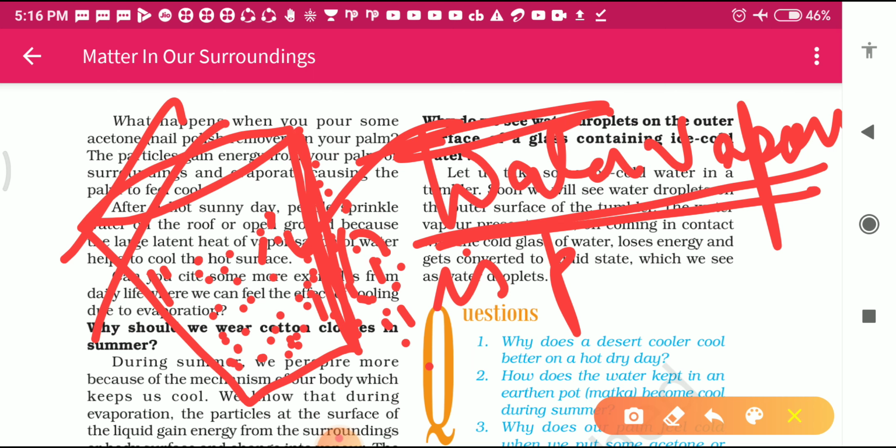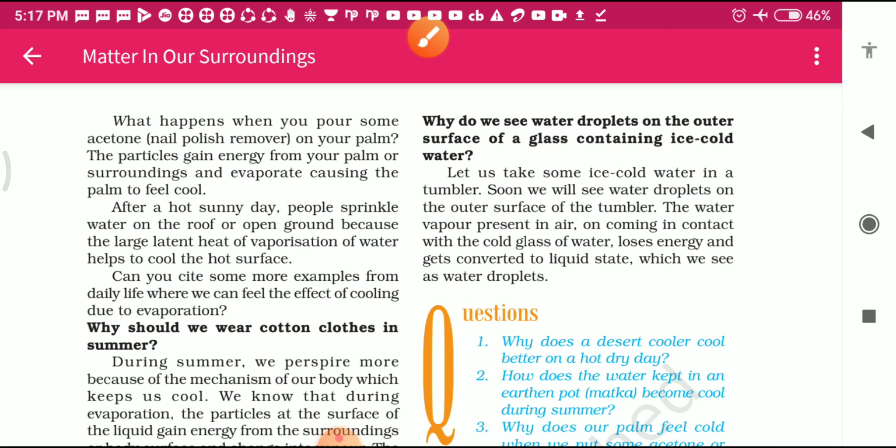Now see here, let us take some ice cold water in a tumbler. Soon we will see water droplets on the outer surface of the tumbler. The water vapor present in air, on coming in contact with the cold glass of water, loses energy and gets converted into the liquid state, which we see as water droplets.